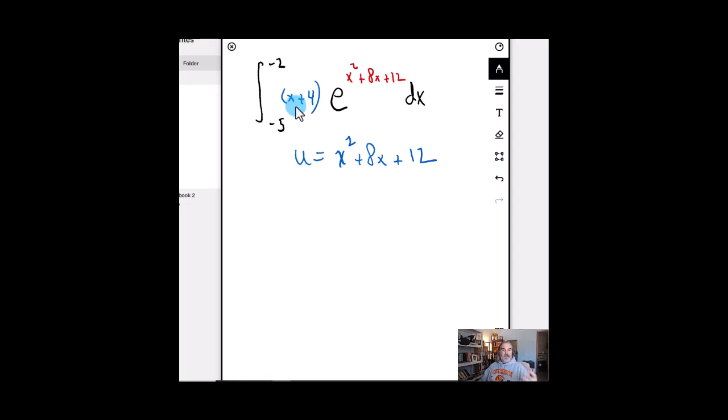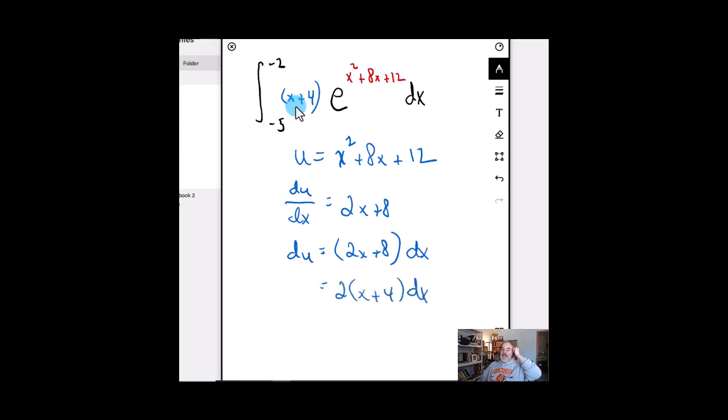We've said u is equal to x squared plus 8x plus 12. Given that choice, du dx, its derivative, would be 2x plus 8. Or, with a little bit of rearrangement, du is 2x plus 8 times dx, which is equal to 2 times x plus 4 dx.